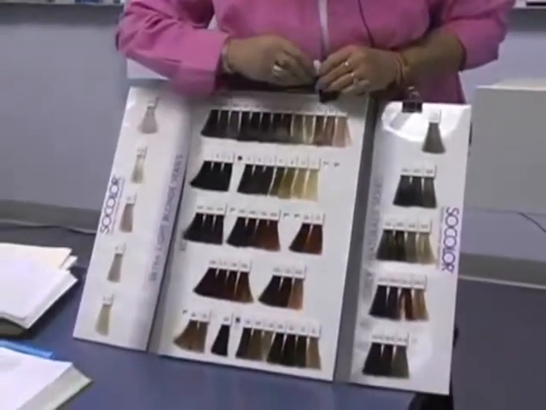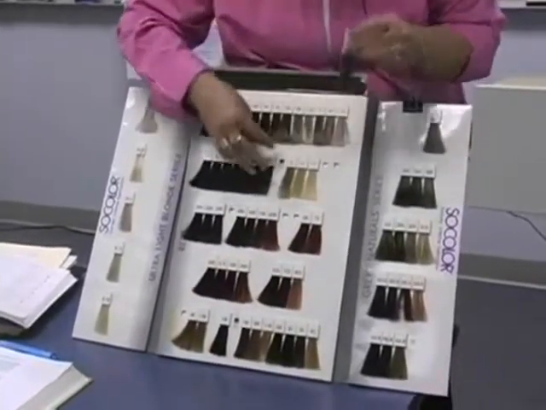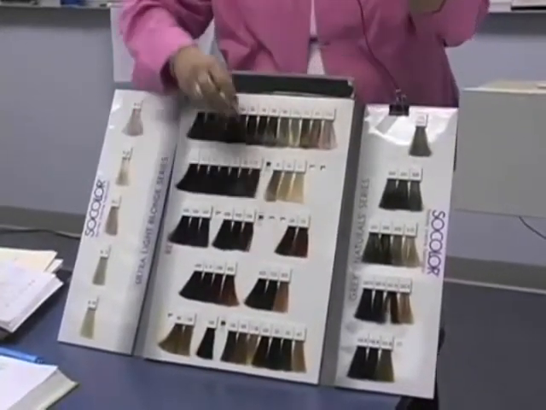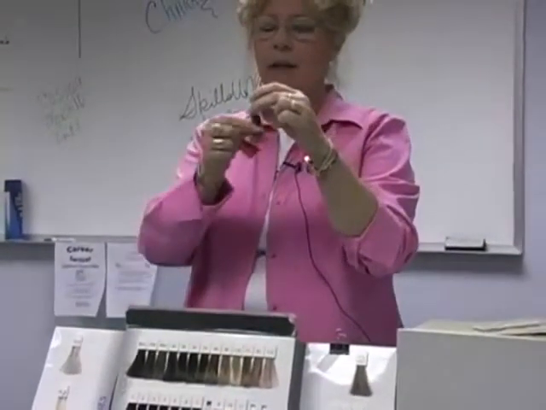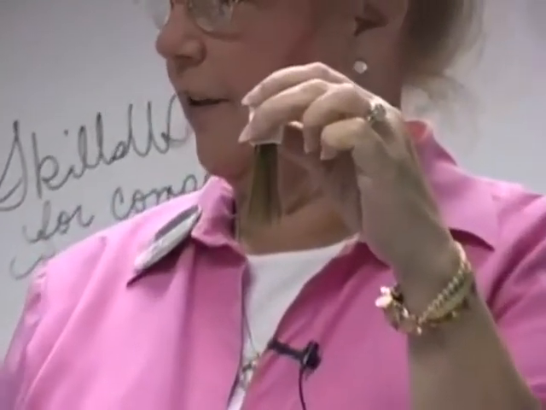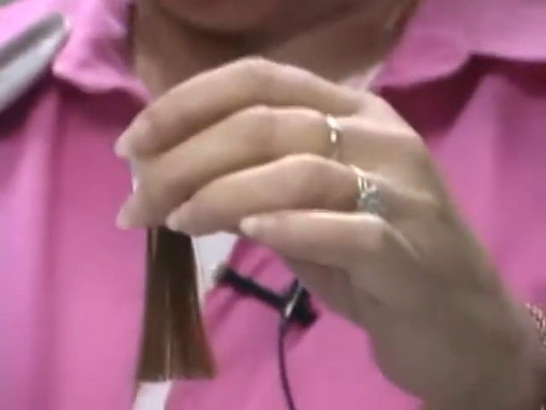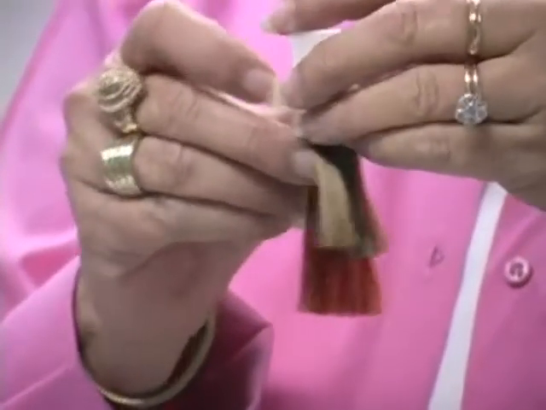Let's choose another one so you can really see a difference. 8 is what we call medium blonde. That's with no tone. That's not warm, it's not cool. To me, under these lights, that almost looks cool because it almost has a greenish look. Do y'all see that? But it's not, it's a neutral. And here we have an 8 that's red. That's what the 2 R's stand for.